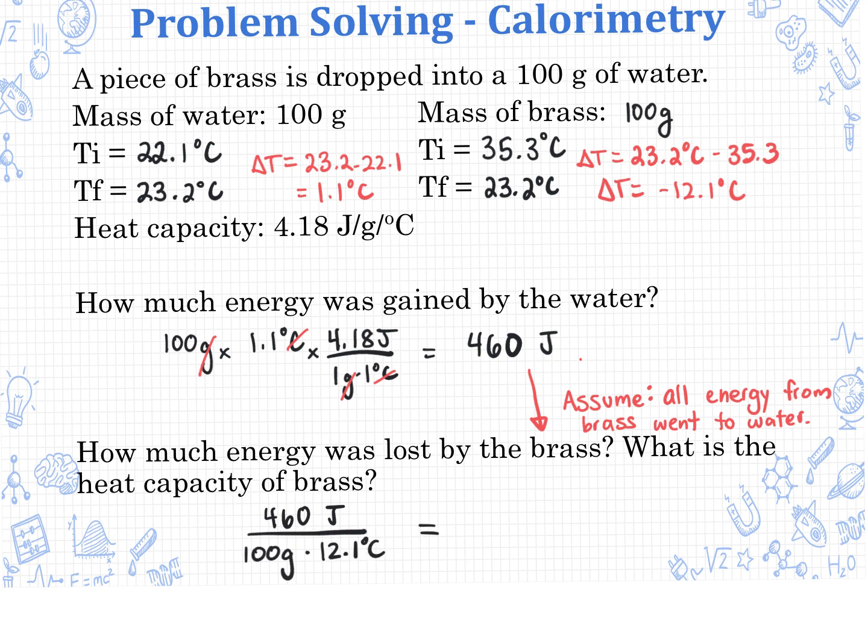So to get the joules for just 1 gram and 1 degree Celsius, it's all really a big ratio. I take 460 divided by 100 divided by 12.1 to get 0.380 joules for 1 gram to go up 1 degree Celsius. And that, if you look it up, actually is right about the heat capacity for brass.